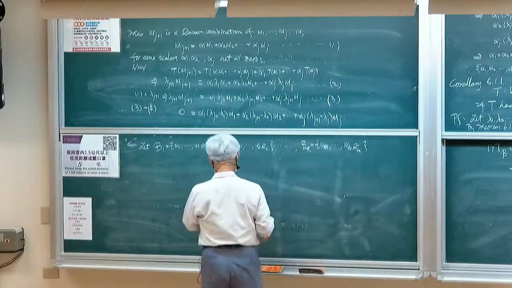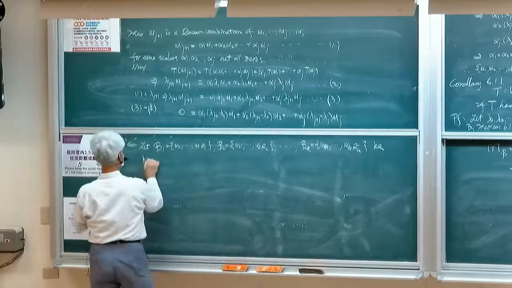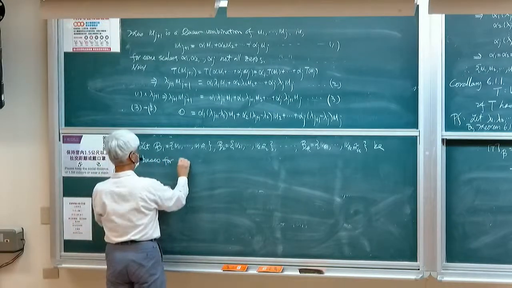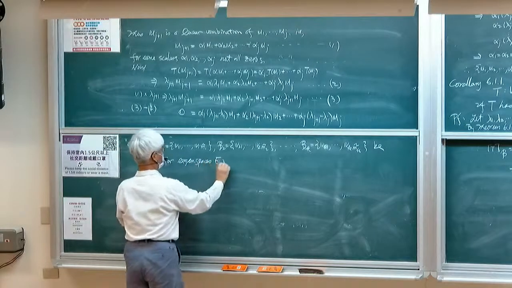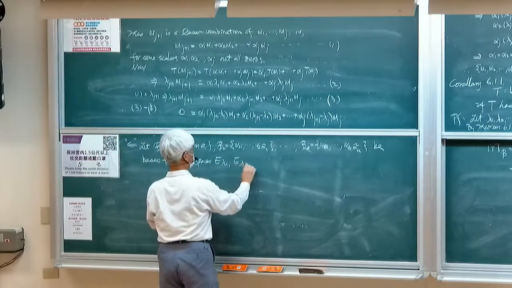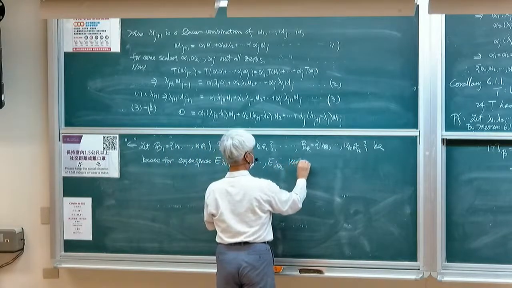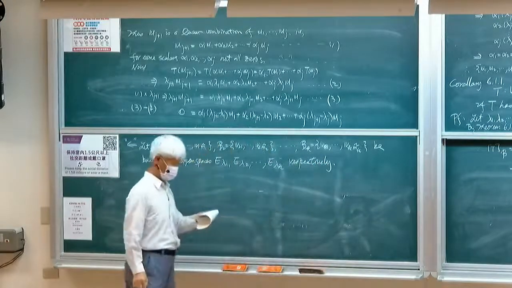We let them be bases for the eigenspaces E lambda 1, E lambda 2, up to E lambda k, respectively.